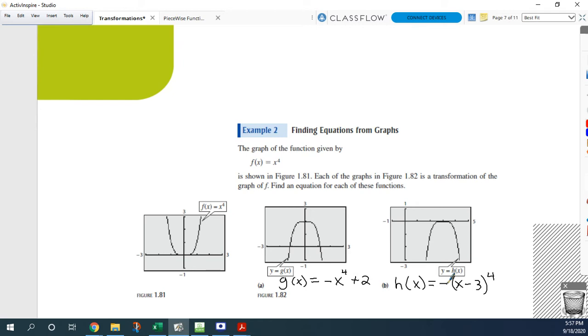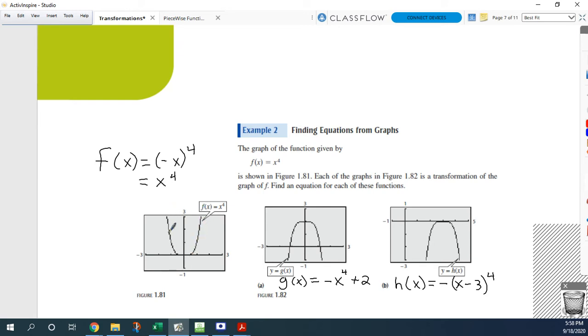Now, some of you are thinking, well, what happens if I put that negative on the inside? Well, if we think about it, remember that f of x equals negative x to the fourth. Because this is an even power, we would actually just end up with x to the fourth. The reason for that is that my graph is symmetric about the y-axis, or basically it's a reflection already across the y-axis.